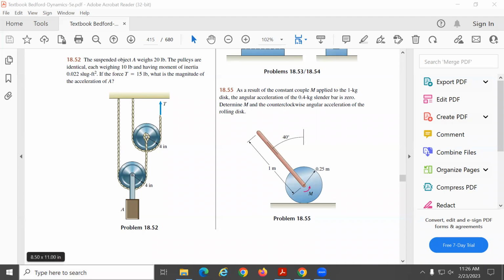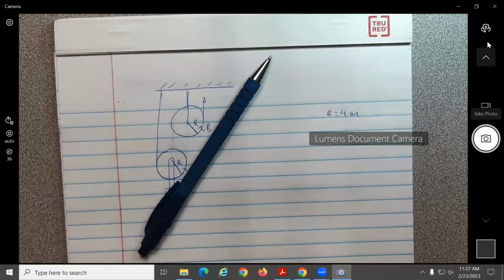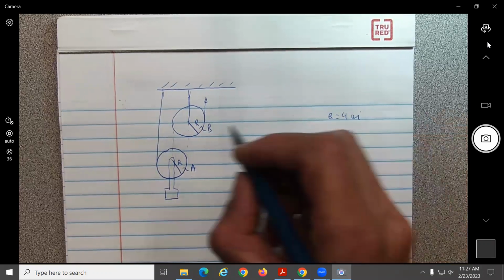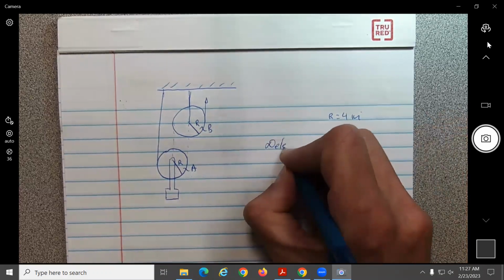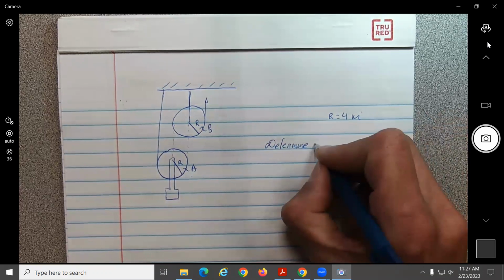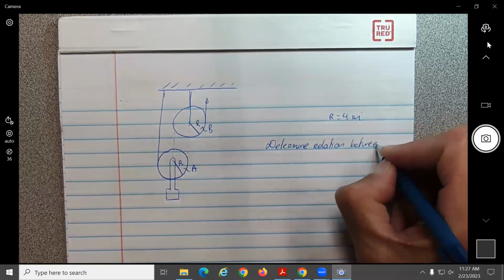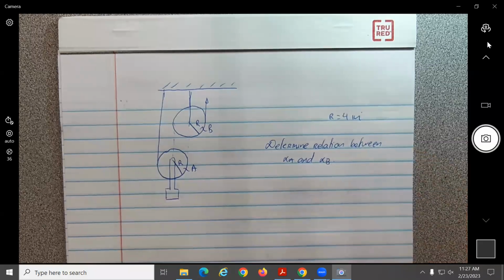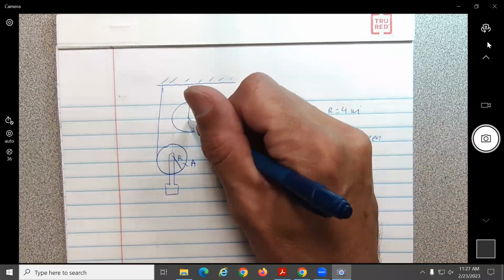Let me put the camera. Here we go. So between A and B, so let's find, this will be pulley A, pulley B. So determine relations between, let's say, alpha A and alpha B. Okay, and here I forgot to put, I think the string here is going here to the middle, no?